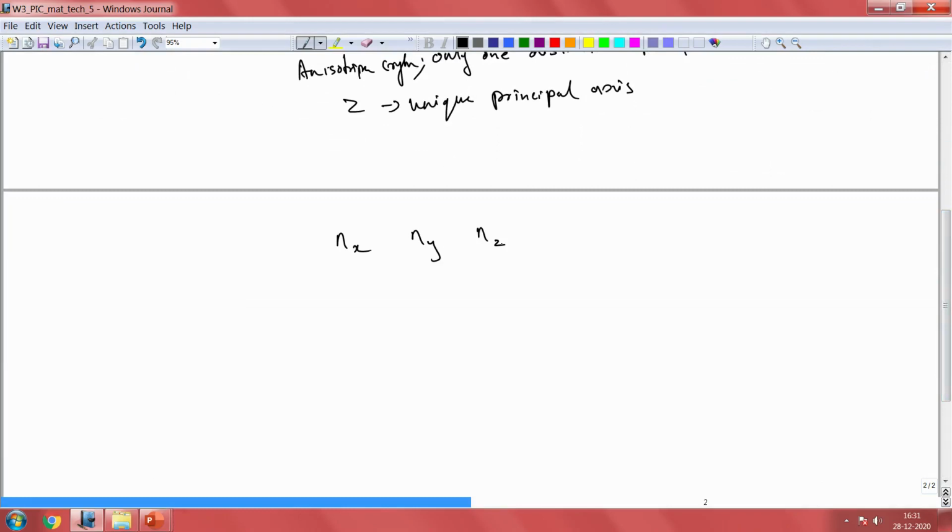Nz is what we call the extraordinary index. Both Nx and Ny we call the ordinary index. So, we can call this N naught and this Ne.